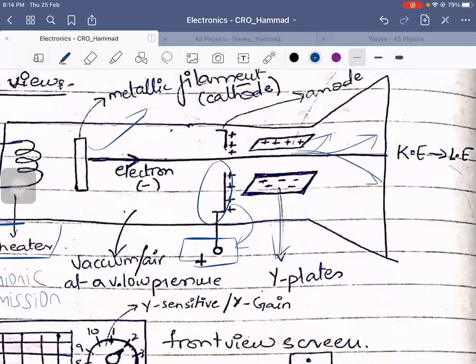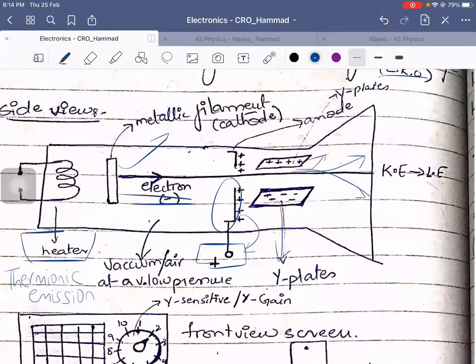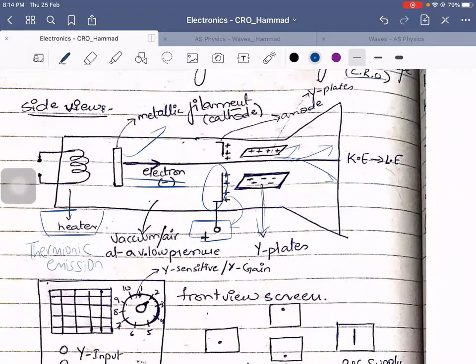Please understand that when the electrons are emitted, they will have a range of kinetic energies. Once these electrons strike the screen, they will convert their kinetic energy into light energy. Does that make sense to you all?